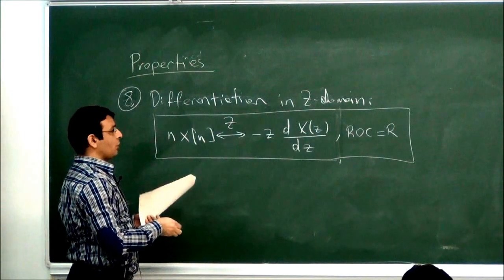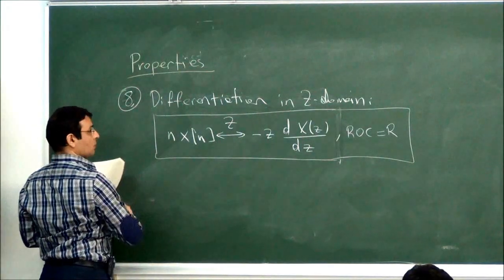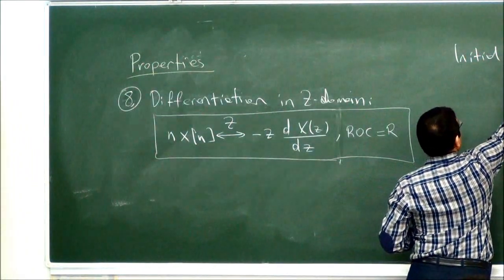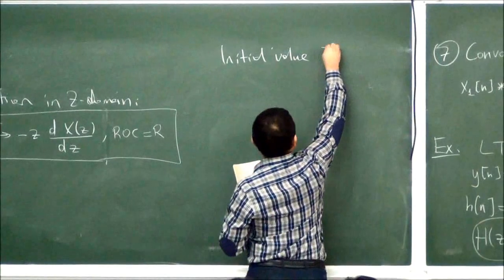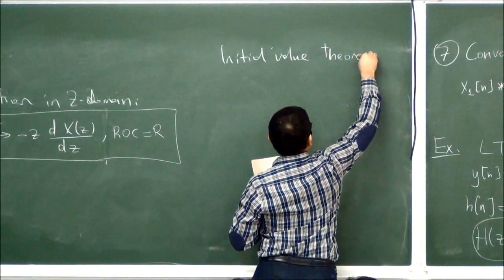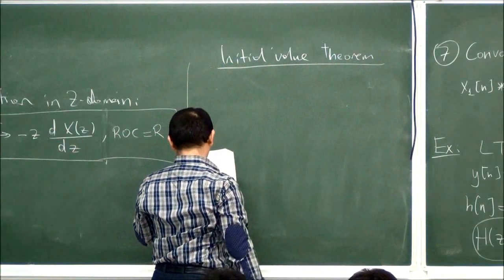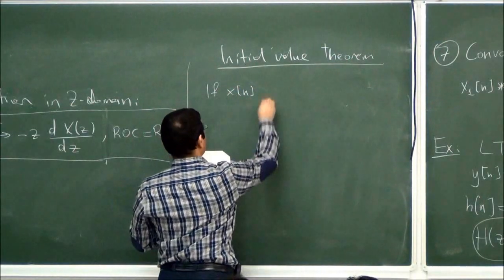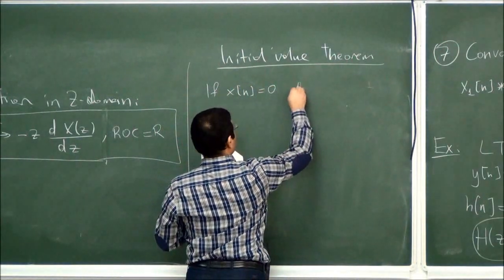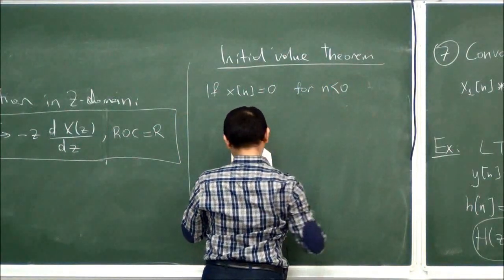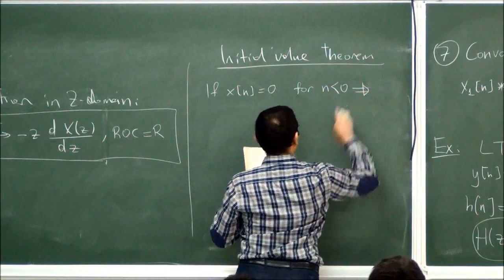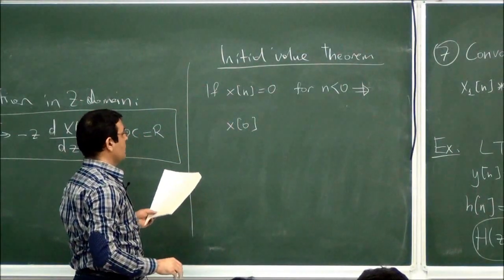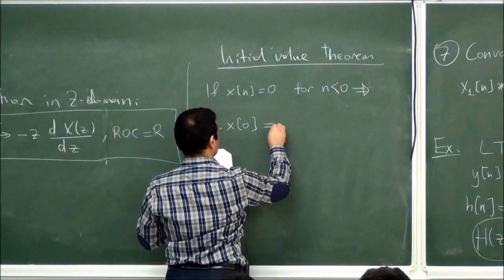So the initial value theorem, I want to talk on this also. Initial value theorem. If your input sequence x[n] is equal to 0 for n less than 0, in this case we can say that the initial value of your sequence, x[0], is simply the limit of X(z).